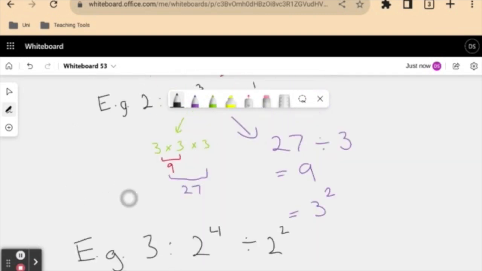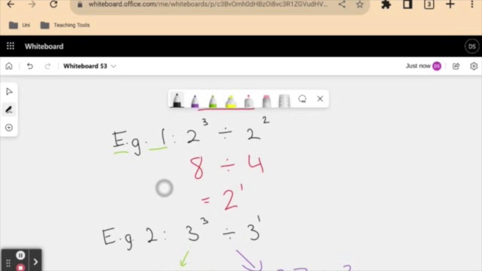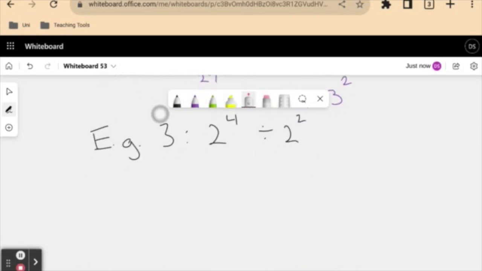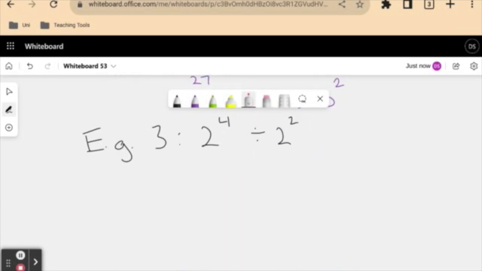Now, 2 cubed was 8. 2 times 2 gave us 4, times another 2 gave us 8. Multiplying that by another 2 would give us 2 to the power of 4. So this is like writing 16 divided by 2 squared. It's like saying 2 times 2, which is 4. And when I actually do this division, what do I get? I get 4.